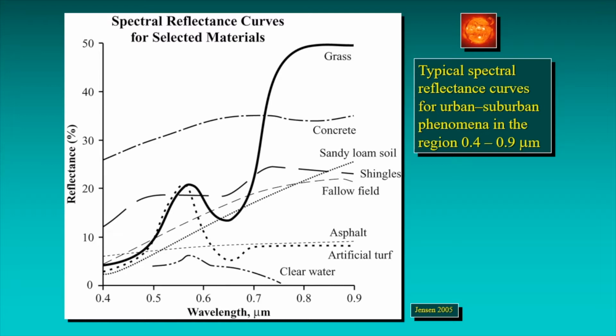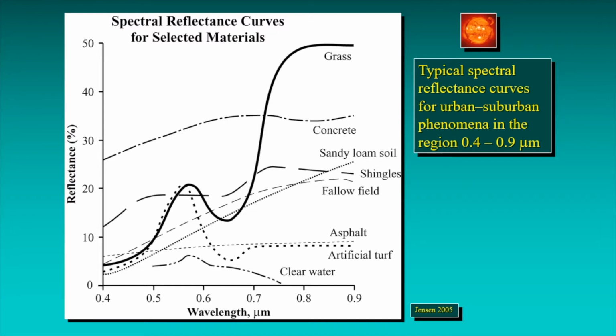And for that reason, this particular graphic really summarizes a lot of what remote sensing is about. Not all types of remote sensing, but this particular type. And that is that in different portions of the electromagnetic spectrum, we have varying amounts of contrast or differences between the reflectance curves for different types of material.